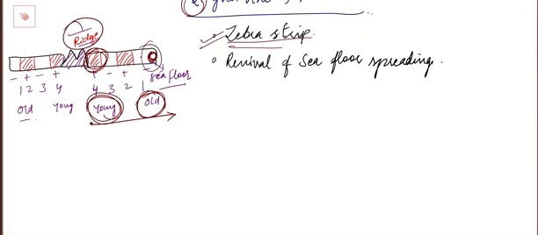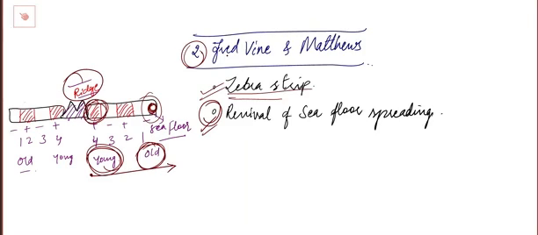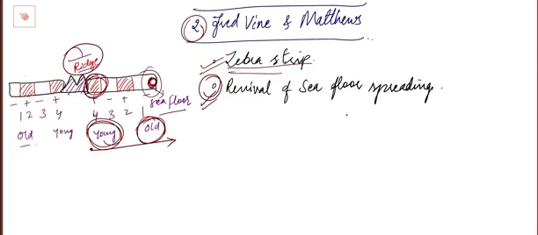This is because of magnetism or lava eruptions, and there is seafloor spreading. Due to this spreading, both scientists, Vine and Matthews, revived the seafloor spreading theory. Both sides will have similar kinds of stripes, or a similar kind of surface.